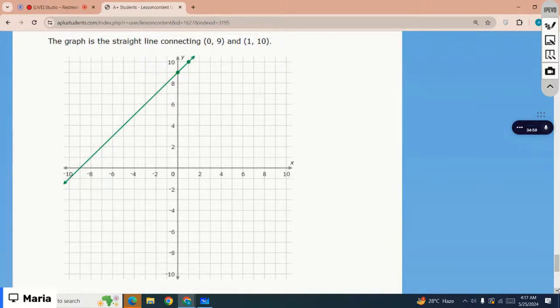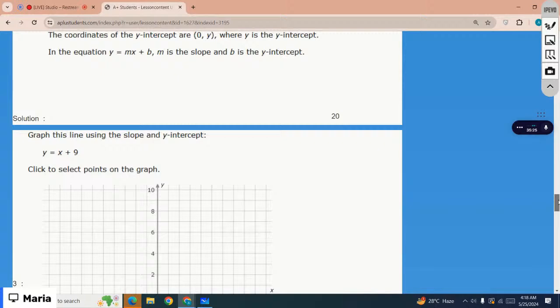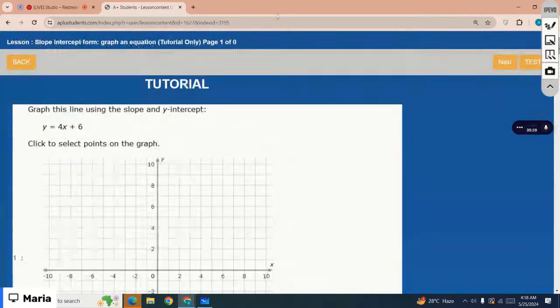Got it? Okay, let's just move on to next lesson.